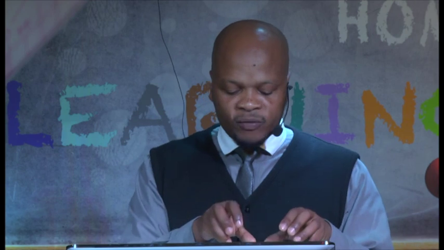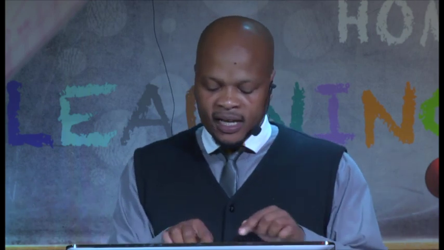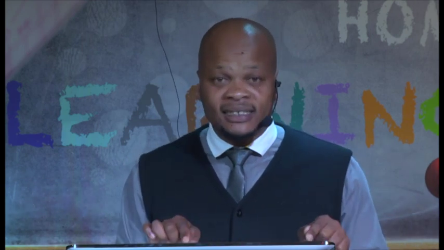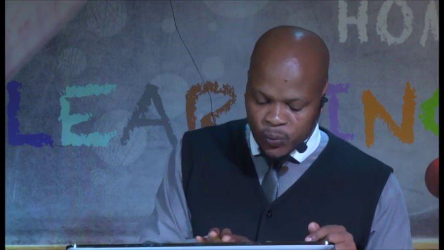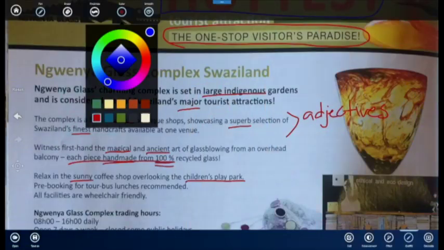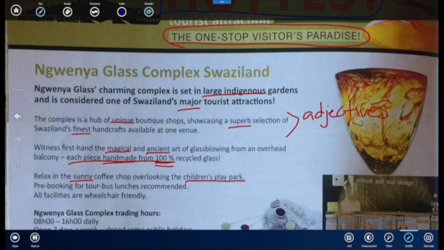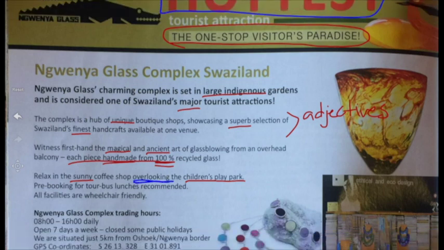And you are setting the spatial description, that this coffee shop is overlooking the children's play park. What effect does this have? Especially the word overlooking there. This coffee shop is overlooking the children's play park. Why is it included?